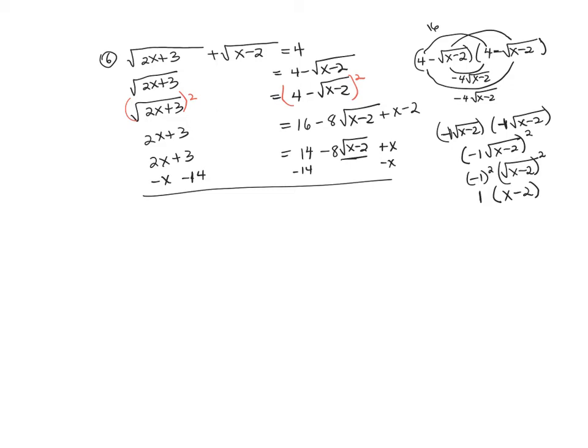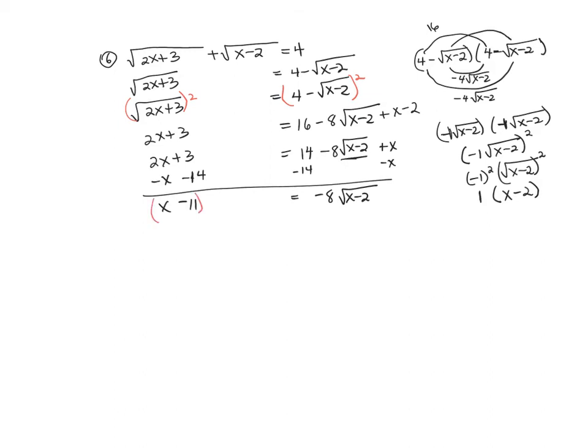So we get x minus 11 equals negative 8 times the square root of x minus 2. We can isolate this radical more by dividing each side by negative 8, but I'm going to avoid the division, and we're going to square both sides here.